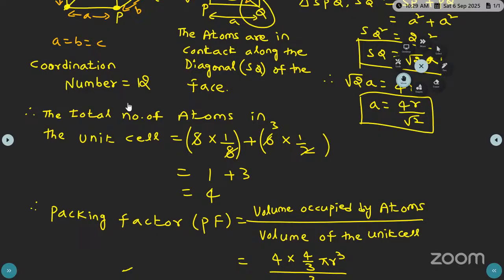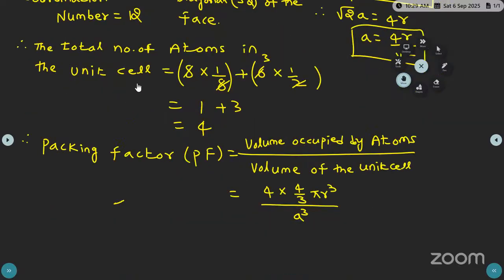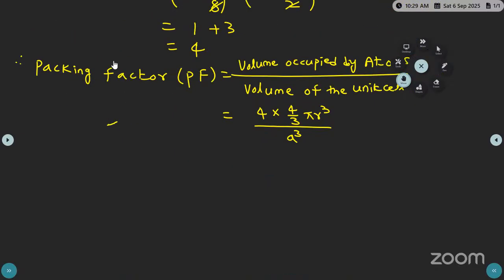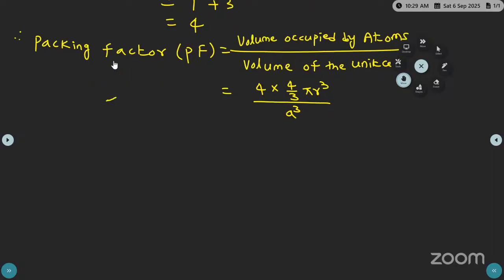Now let's use this value in the simplification. 4 into 4 is 16, so 16 pi r cube, and in the denominator 3 comes. A is 4R by root 2, whole cube.